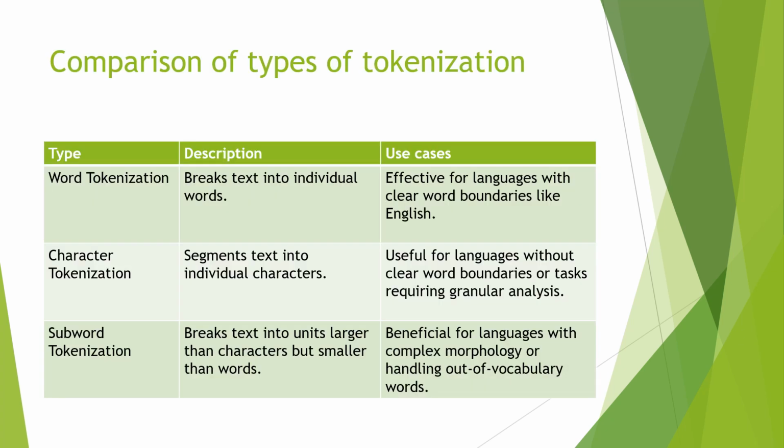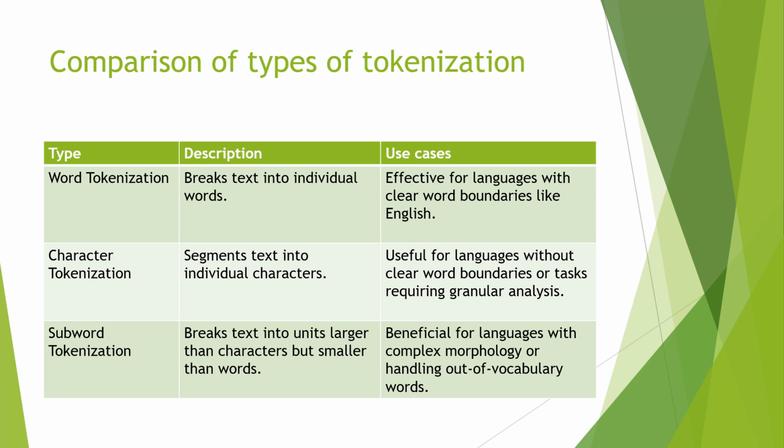Now let's compare these approaches. Word tokenization breaks a given sentence into words. It is more suitable for languages containing word boundaries, for example, the English language. Character tokenization splits given text into individual characters. It is useful for languages which do not have word boundaries or which require more detailed, granular analysis.